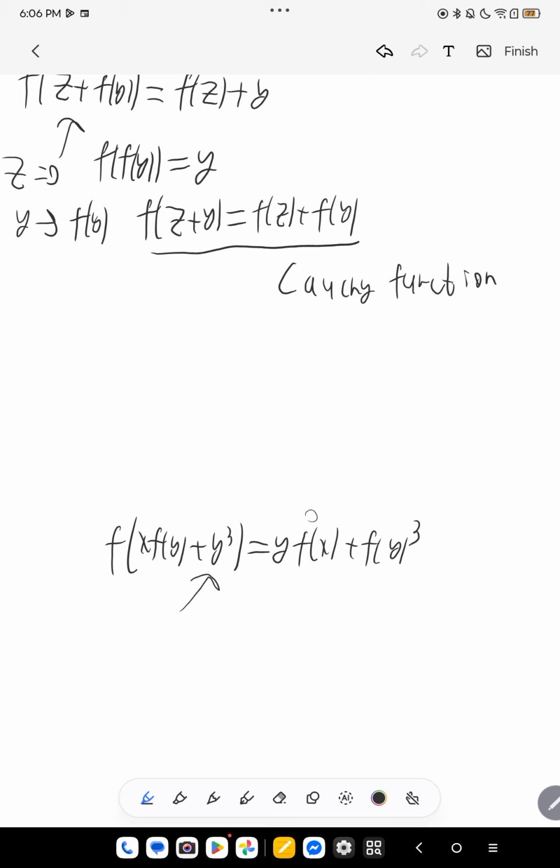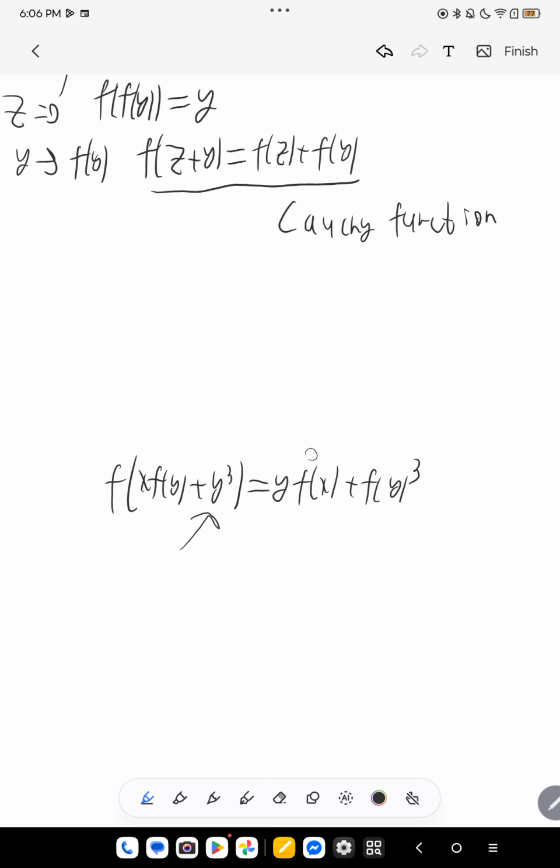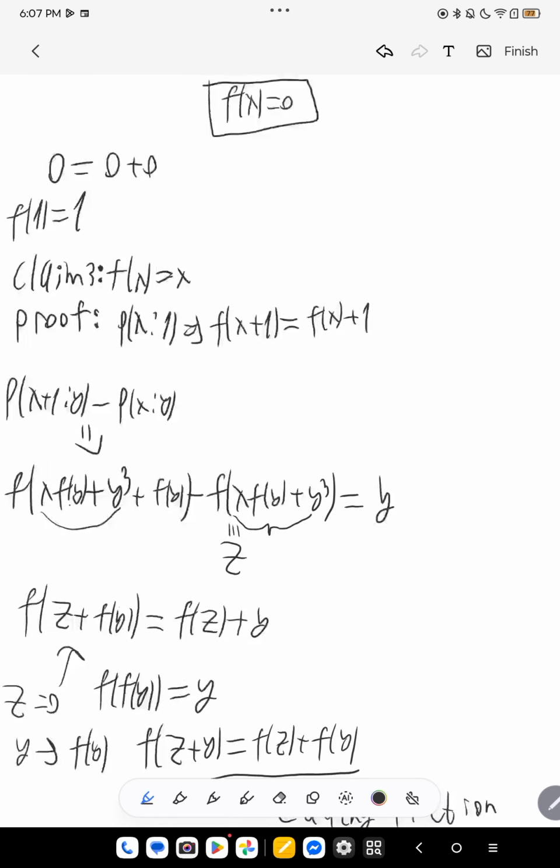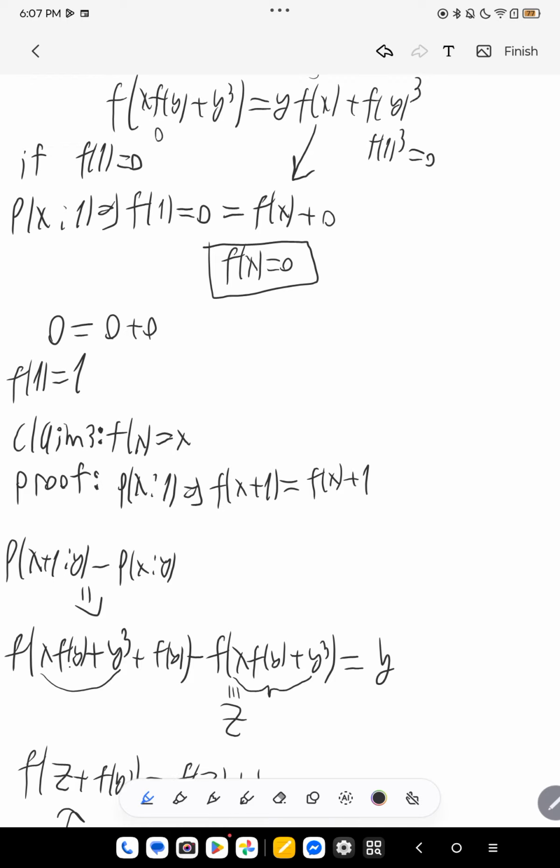So we will use this in the original equation. So this is the same as f(x)f(y) plus f(y) cubed, and this is equal to y f(x) plus f(y) cubed. We already know that these two are equal, simply by putting x equal to 0.